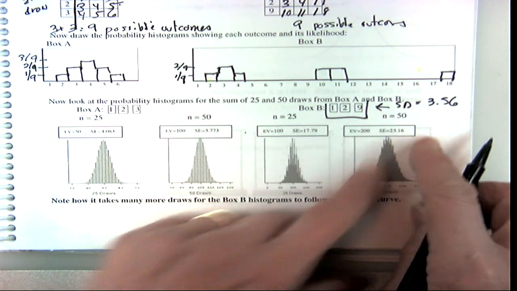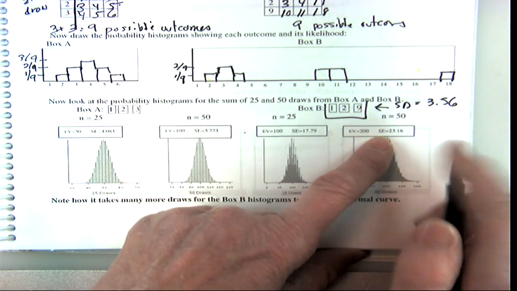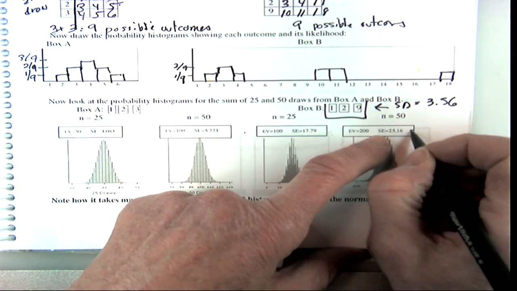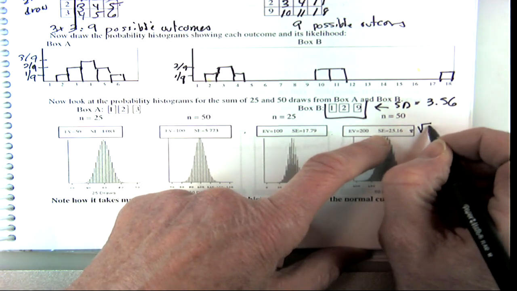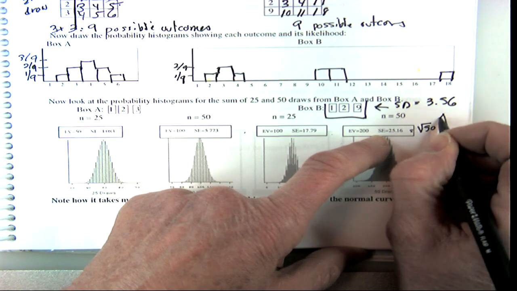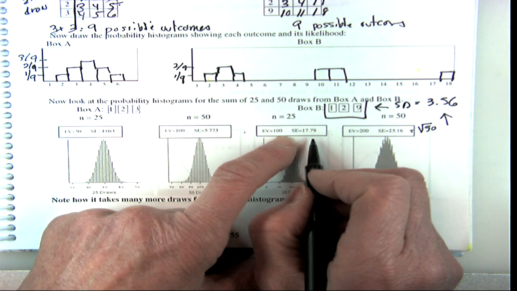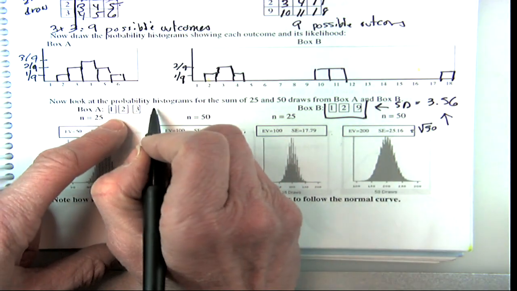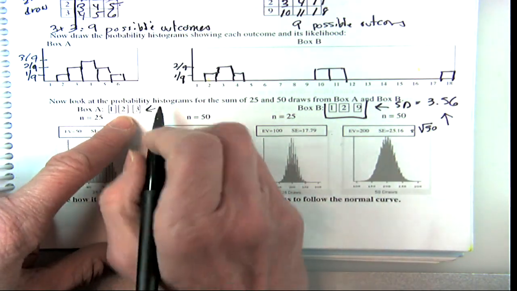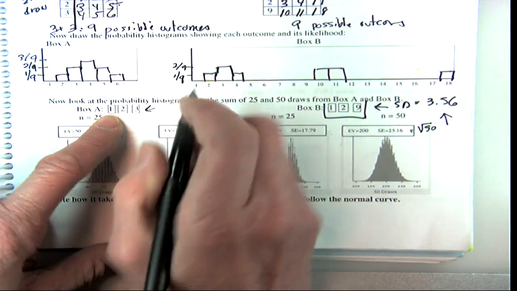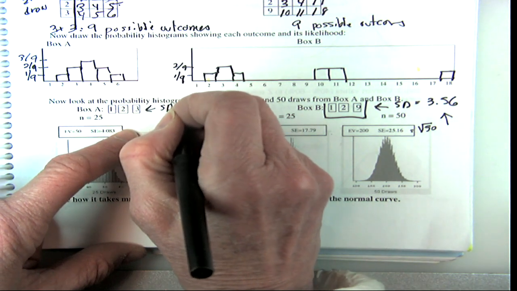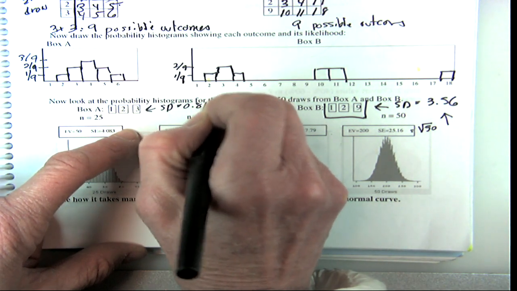Here, the standard deviation is much smaller. They're closer together, and the standard deviation here is 0.8165.